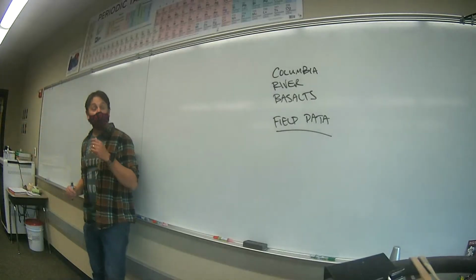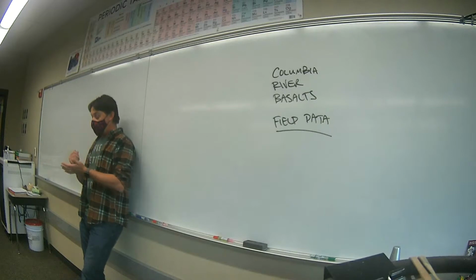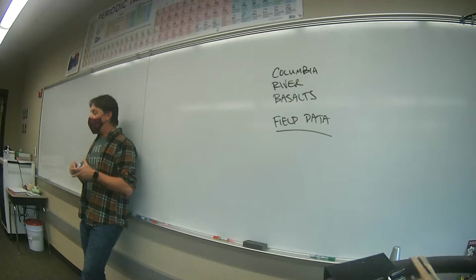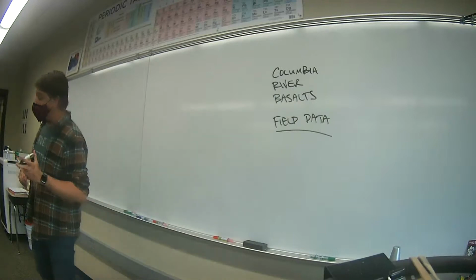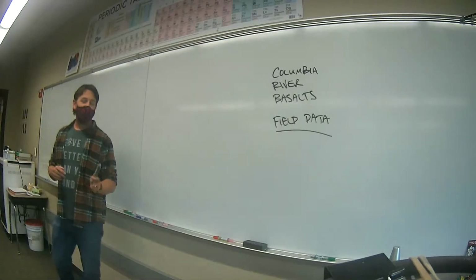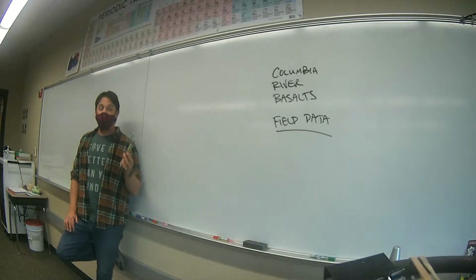The Columbia River basalts here in eastern Washington are quite remarkable. I don't want to use the word unique because there are other places in the world that have similar rock formations, but they're very rare.